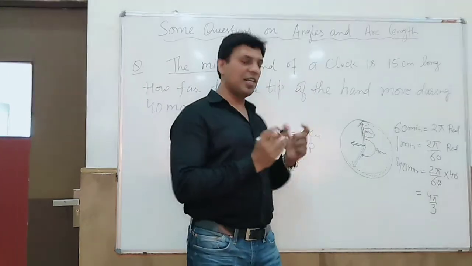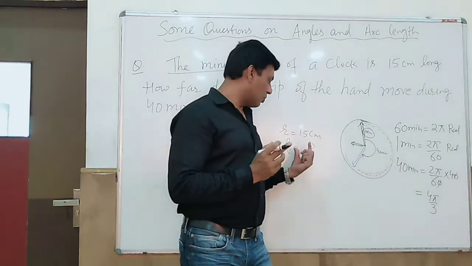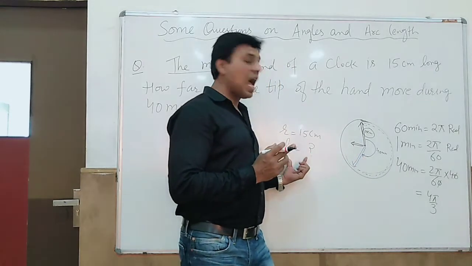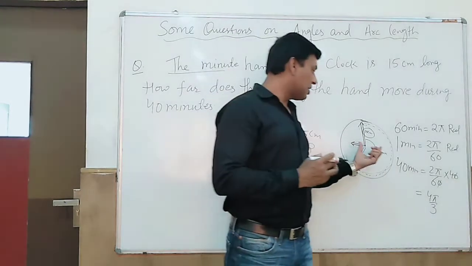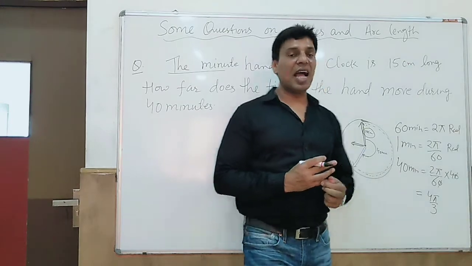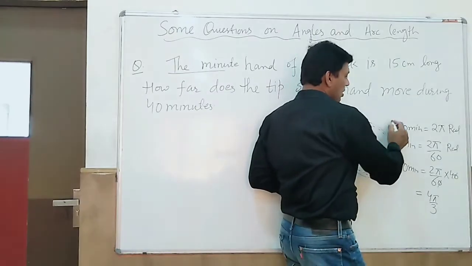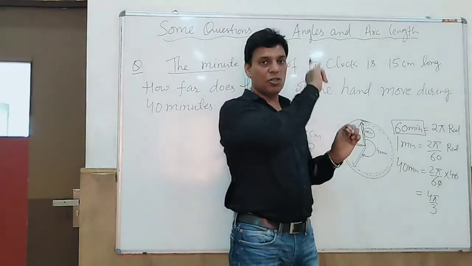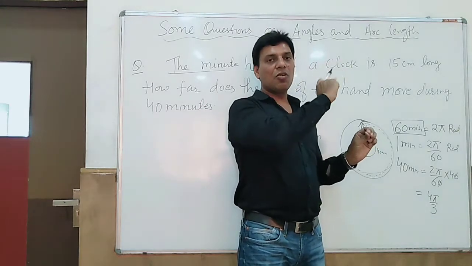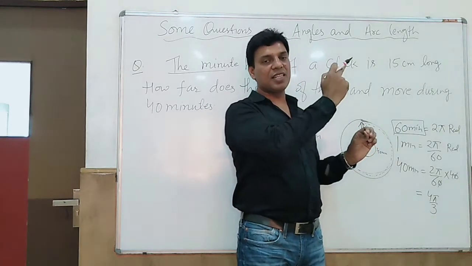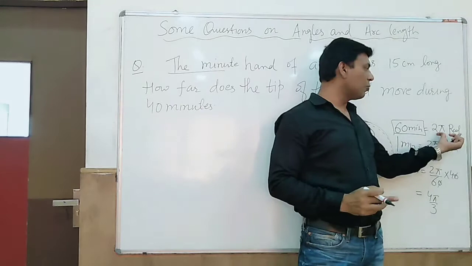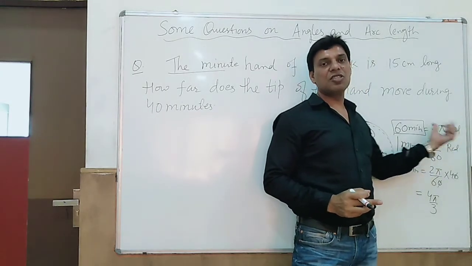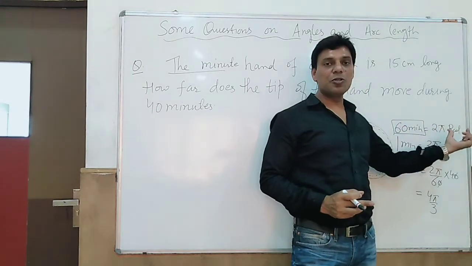I know the radius, I know the angle, and I have to find the arc length. But how am I calculating the angle? One complete revolution, that is 60 minutes, is equal to 2 pi radian.